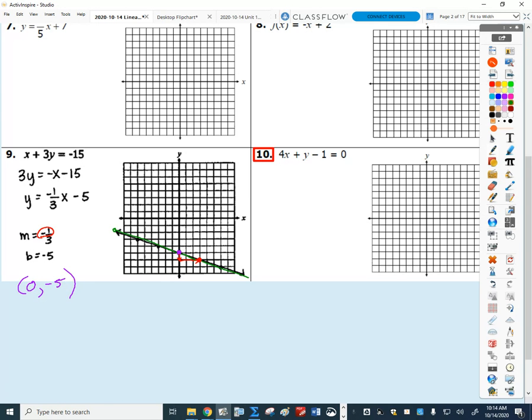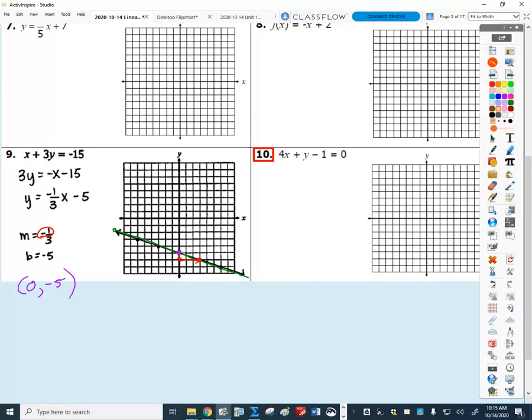Okay, what about then number 10? We got to get that into slope-intercept form. So, Maria, what do I have to do to get that into slope-intercept form? I think for this one we can move the y. We could move the y, but the y is already positive over here, so let's move the other stuff.